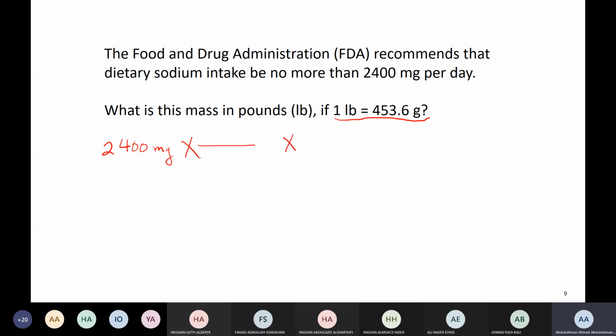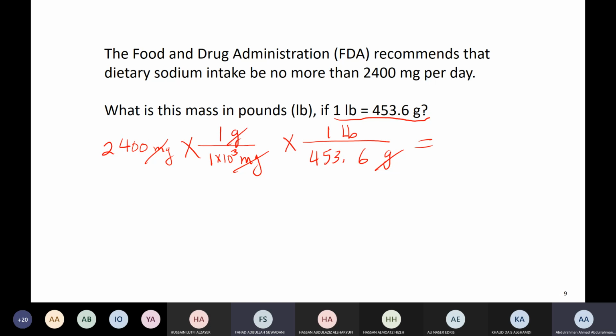What should you do? 1 times 10 to the power 3 milligram equals 1 gram. And then the other conversion, what should I write at the top or the bottom? 453.6 gram, 1 lb. Gram will go with gram, milligram will go with milligram, and you have the answer. Give me the answer very quickly.